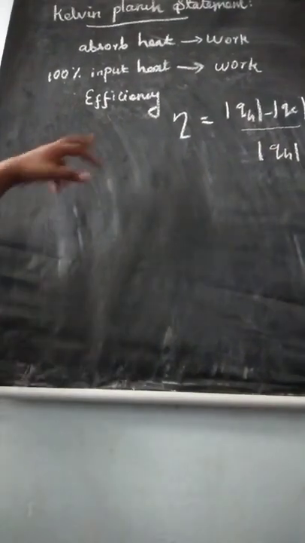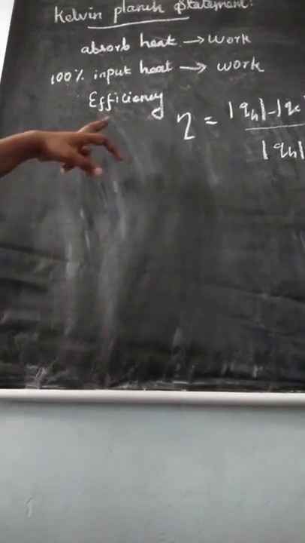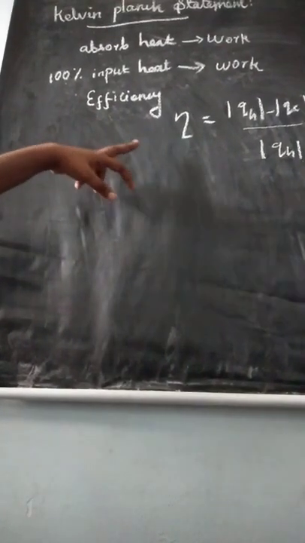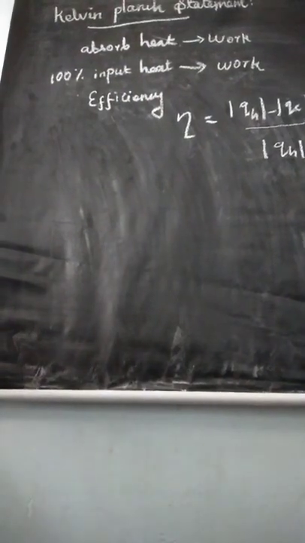So this is the formula for efficiency in this topic. In this statement, we are learning the topic efficiency. Efficiency eta is equal to QH minus QC divided by QH.